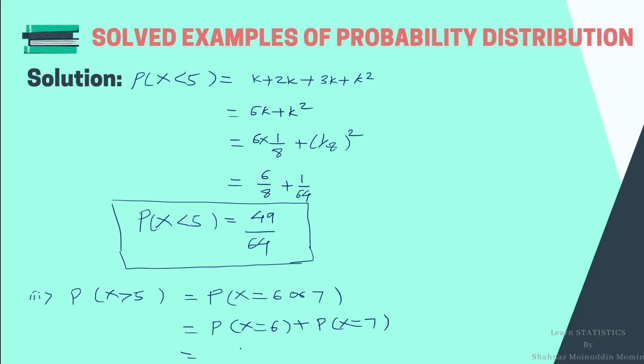Substitute these values from the probability distribution table. They are 2k square plus 4 into k square. So it is 6 into k square.